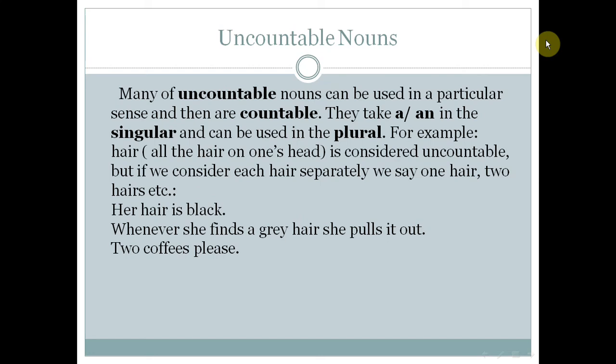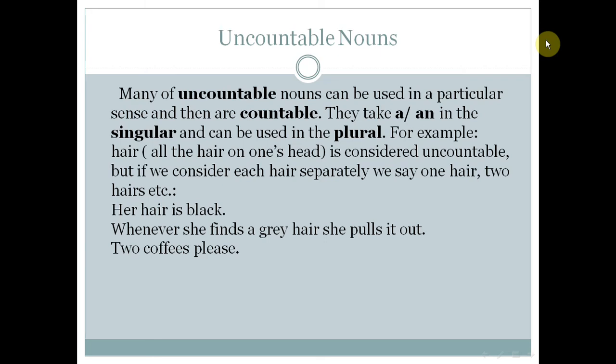Many uncountable nouns can be used in a particular sense and then are countable. They take an in the singular and can be used in the plural. For example, hair. All the hair on one's head is considered uncountable. Hair in general here, we consider it uncountable.